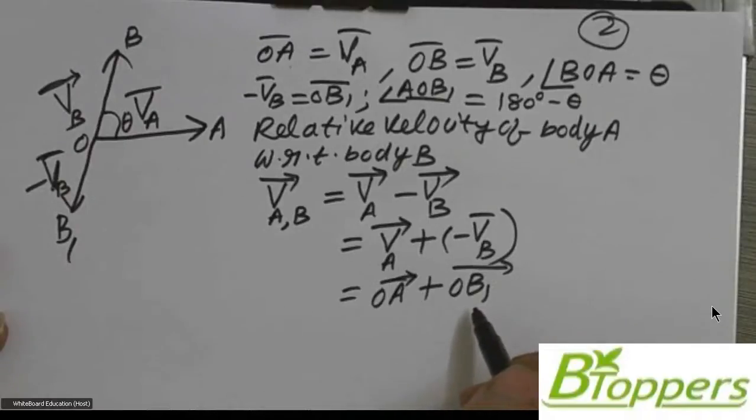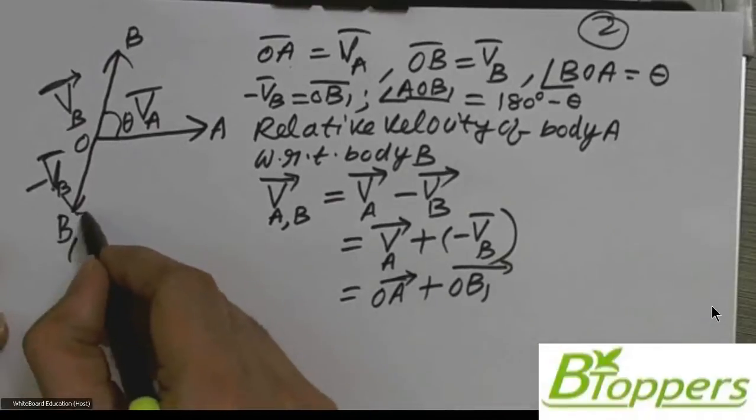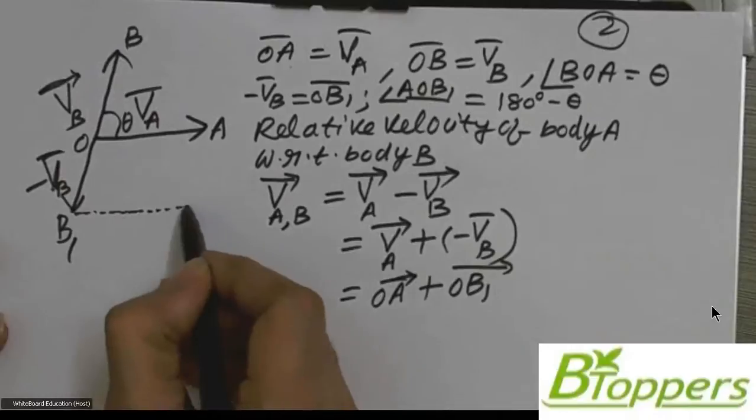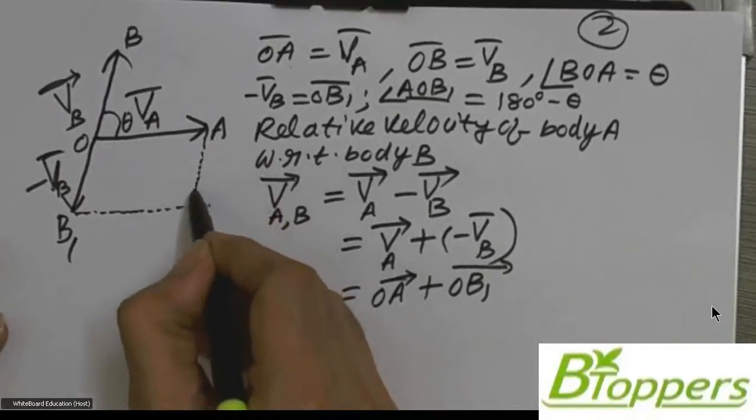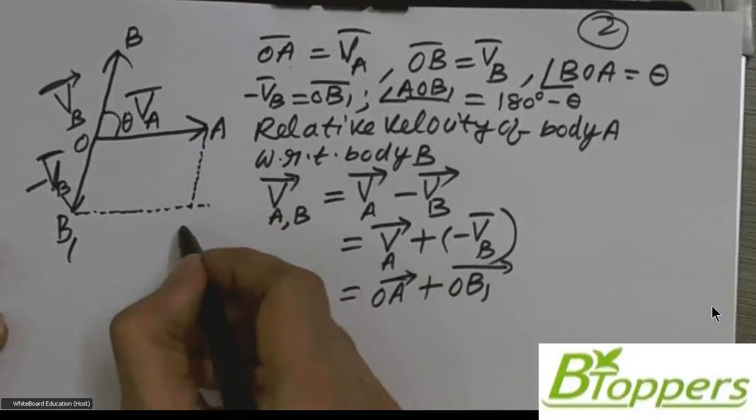So the relative velocity of the body A with respect to the body B is the vector sum of OA bar and OB1 bar, which you can find by completing the parallelogram with OA and OB1 as adjacent sides.